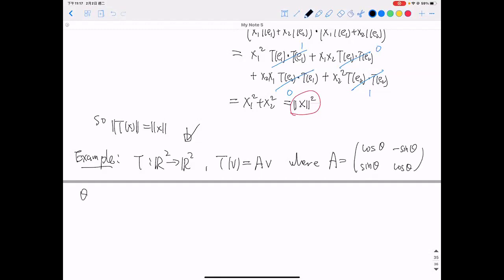Theta is some real number. Okay, and let's check that this is indeed an orthogonal transformation. And we can use the theorem, right? T is orthogonal.